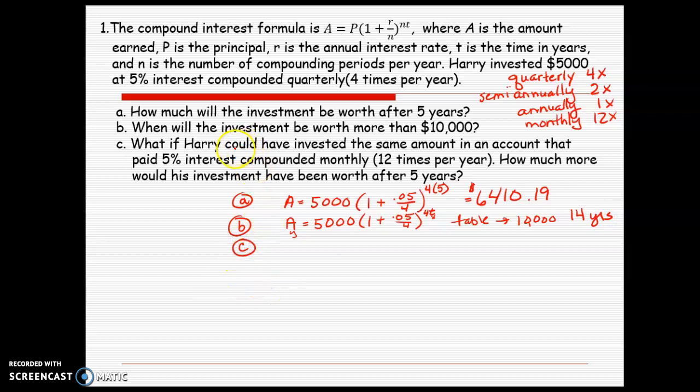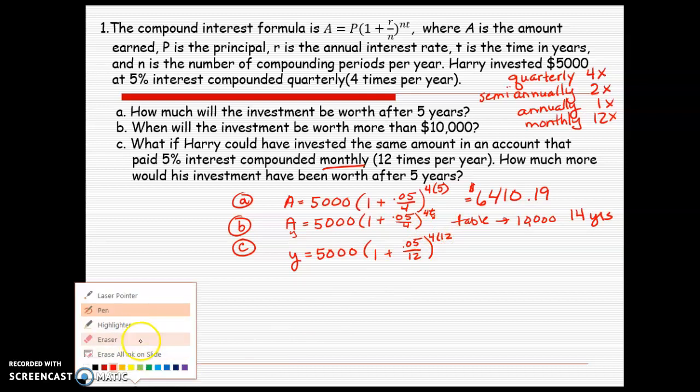Okay. What if Harry could have invested the same amount in an account that paid 5% interest compounded monthly? How much more would his investment have been worth after 5 years? Well, this is the same thing we had, except for the fact that you'll have a 12 on the bottom, and then it'll be 12 times 5.